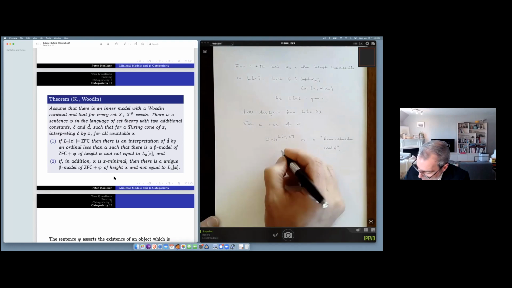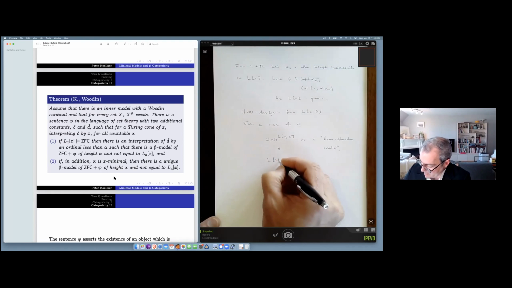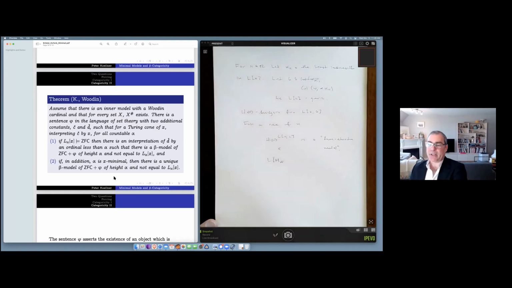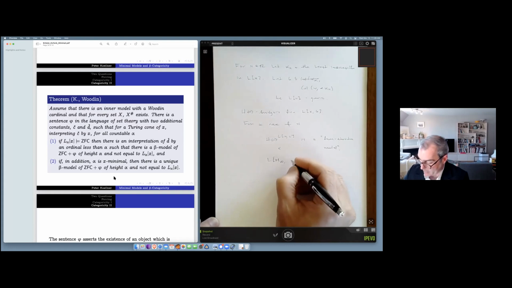It has the form of L of model M infinity, which is going to be an iterate of an M1. And it's got some additional information. So if I just put a square bracket here, that would be a regular Mitchell-Steel type model. But it has this fragment of an iteration strategy.